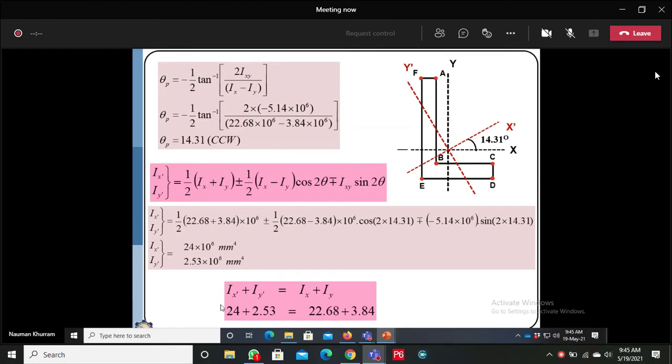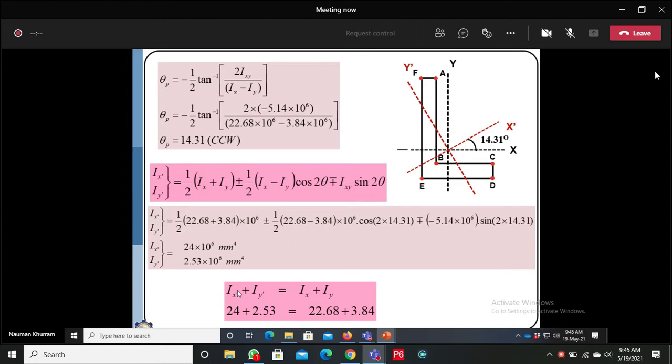For example, Ix bar has the value 24 and Iy bar has the value 2.53. So 24 is the maximum possible value of Ix bar, and 2.53 is the minimum possible value of moment of inertia about the y-axis, which is only possible about the principal axis.